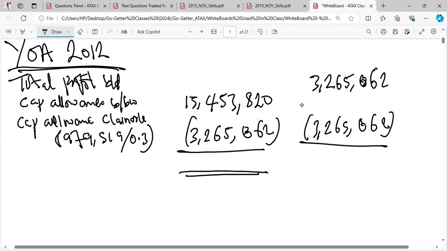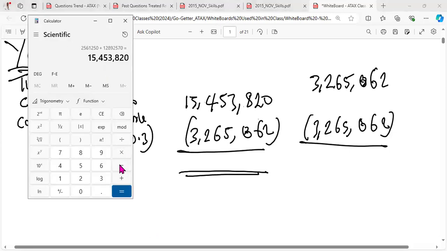This is the unutilized, now that you are going to calculate the new unutilized. You have 15,453,820. Let's minus 3,265,062. Now you have 12,188,758.